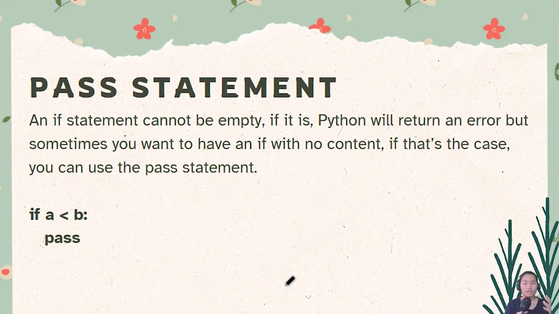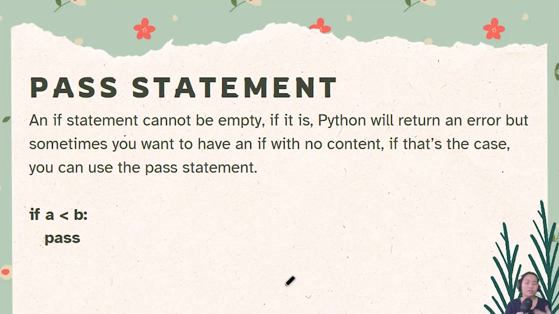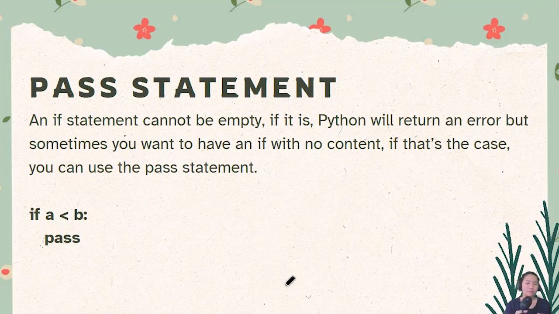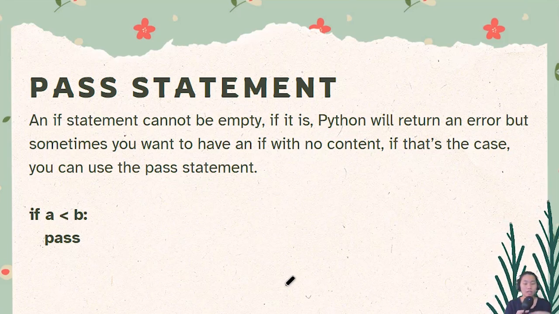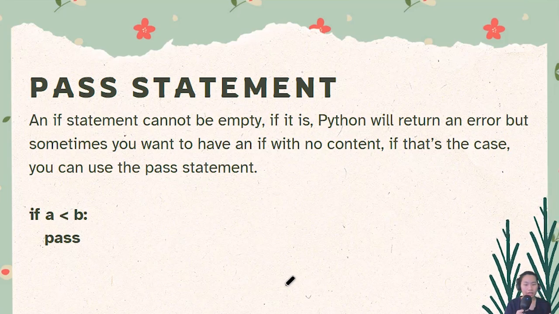So our last topic that we're going to discuss is about the pass statement. By default, if and else cannot have nothing. It needs to have some kind of content within it. If you just write if and give a condition and not have a print after that or anything else, Python will return an error.